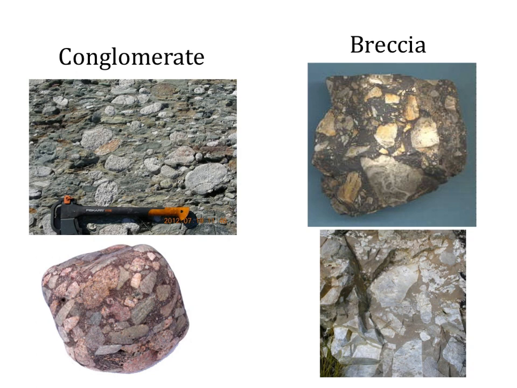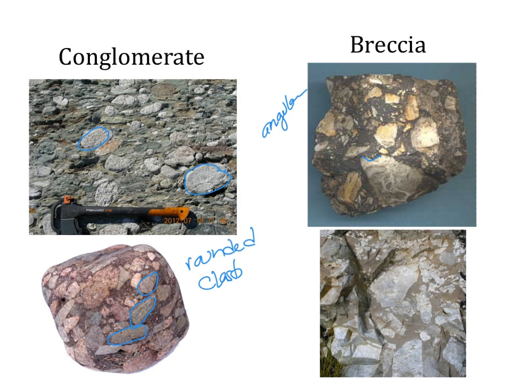So just to compare the breccia and the conglomerate, right, we've got rounded pieces over here, rounded clasts. So nice rounded, again, they don't have to be spherical, they just have to have their corners rounded off. And then over here, we've got the angular clasts.